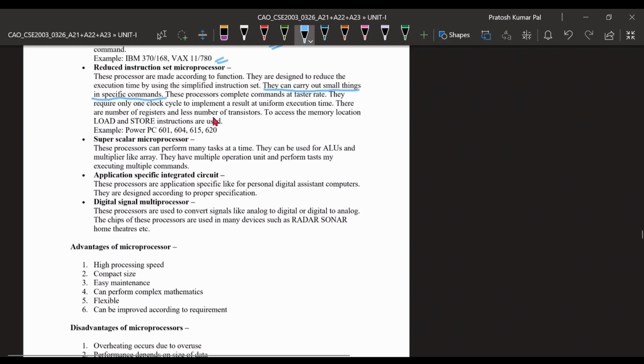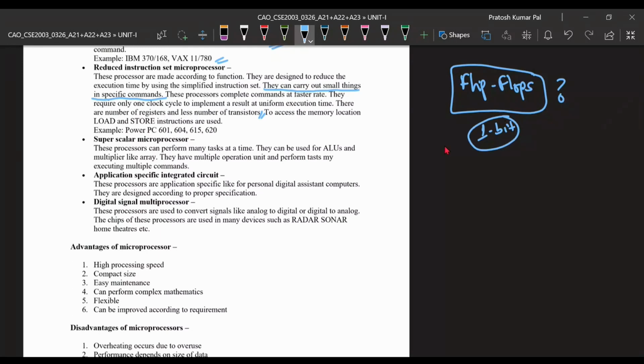There are a large number of registers and fewer transistors. Registers are a type of memory. We will see these registers later in this class. We have studied flip-flops. A flip-flop is a type of memory that will store only one bit.